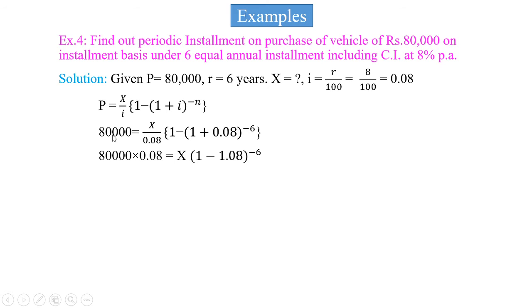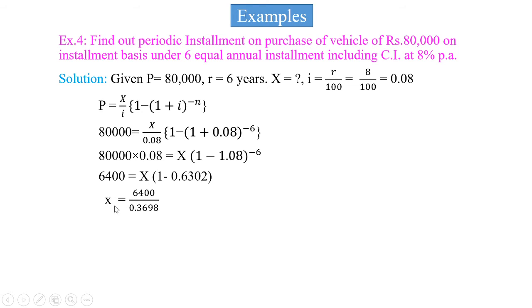0.08 goes to the left side and becomes multiplied into 80,000. So 80,000 into 0.08 is equal to X {1 - 1.08^-6}. After solving this, we get 6,400 = X (1 - 0.6302).